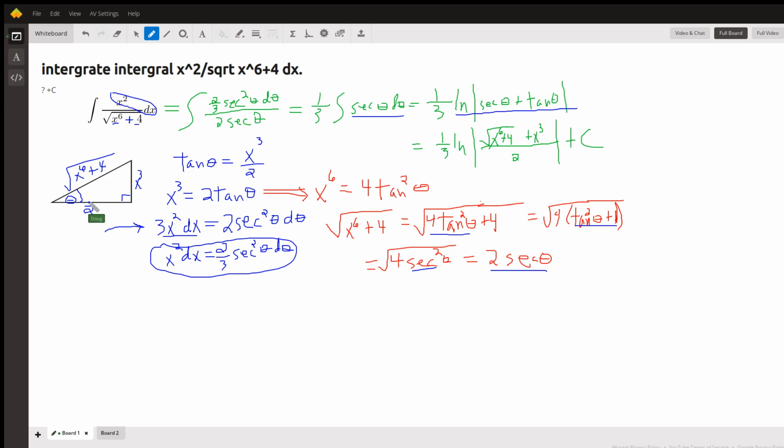So if we go back to this right triangle, secant is the reciprocal of cosine. So square root of x to the 6th plus 4 over 2. And the tangent of theta we've already seen is x cubed over 2. So we can put this all over 2. There is your antiderivative right there, plus the constant of integration c.